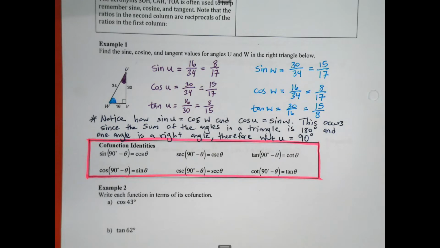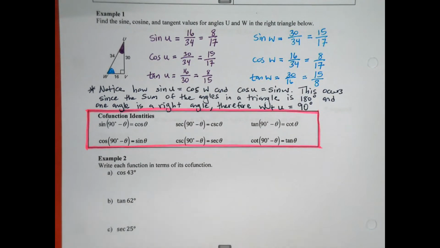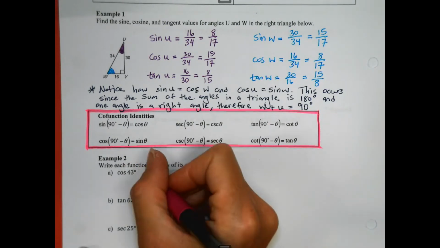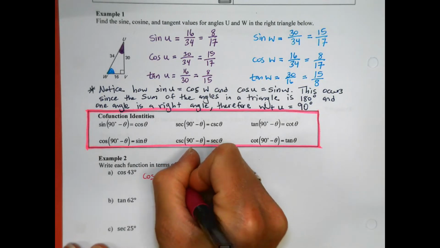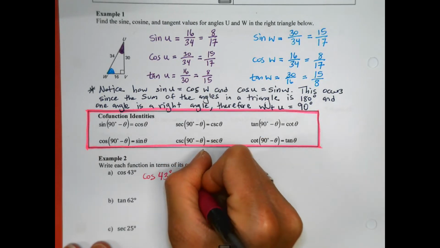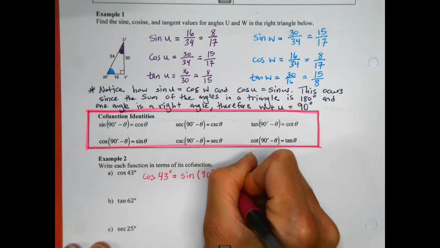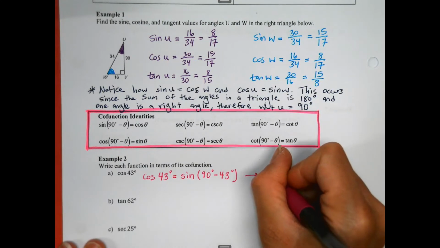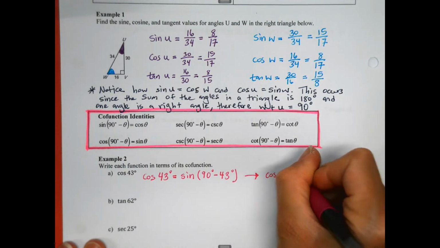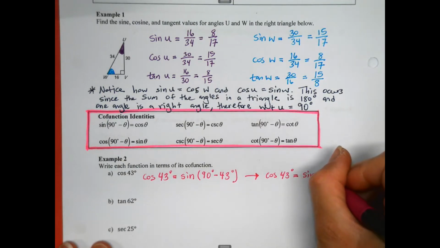In example number 2, it says to write each function in terms of its cofunction. So if we have the cosine of 43, well, the cosine of 43 degrees is equivalent to the sine of 90 degrees minus 43 degrees. Therefore, the cosine of 43 degrees is equivalent to the sine of 47 degrees.